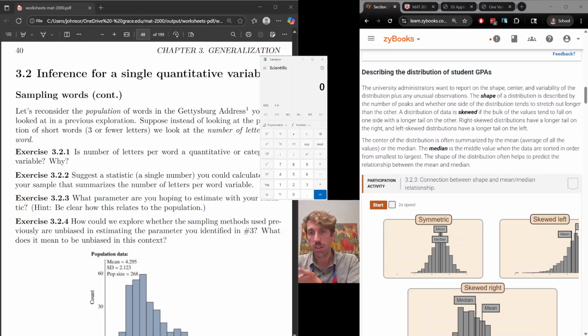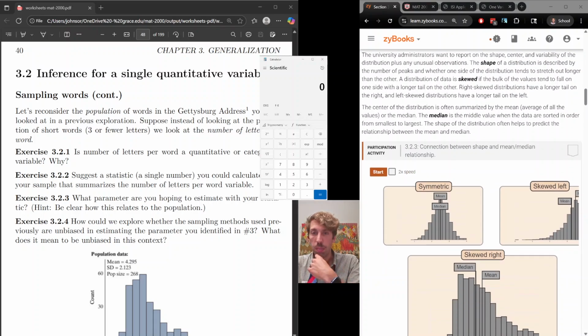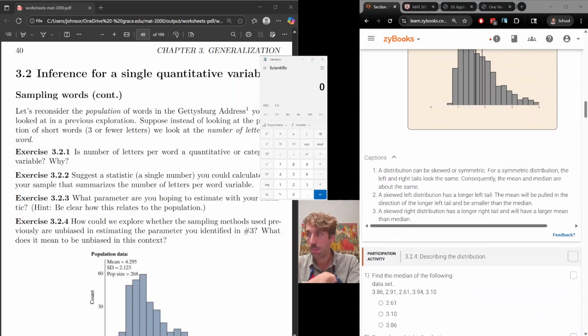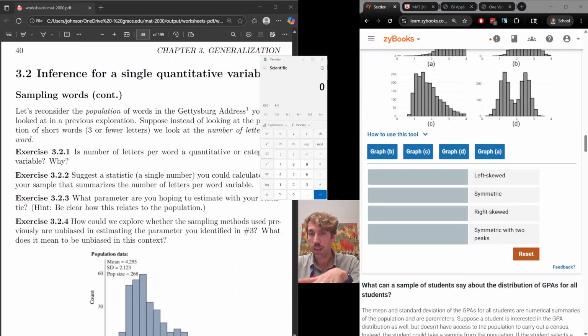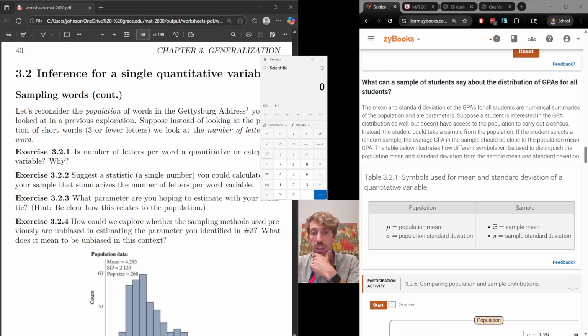And when we talk about the distribution, we're often asking for the shape, which would be like the number of peaks or modes of the data, and then whether or not it's skewed. Skewed to the right would be a tail to the right, skewed to the left is tail to the left. The median is the middle value, and then you learned a little bit about how the median and the mean can be the same or different in this reading. That's going to come back in this worksheet.